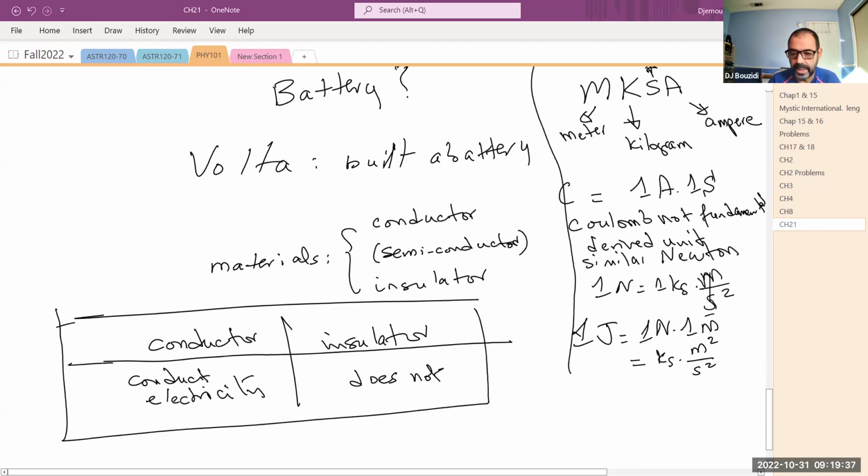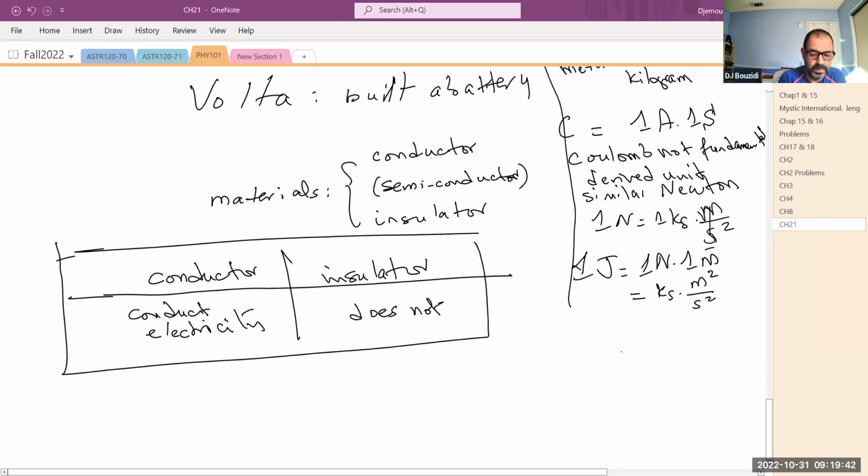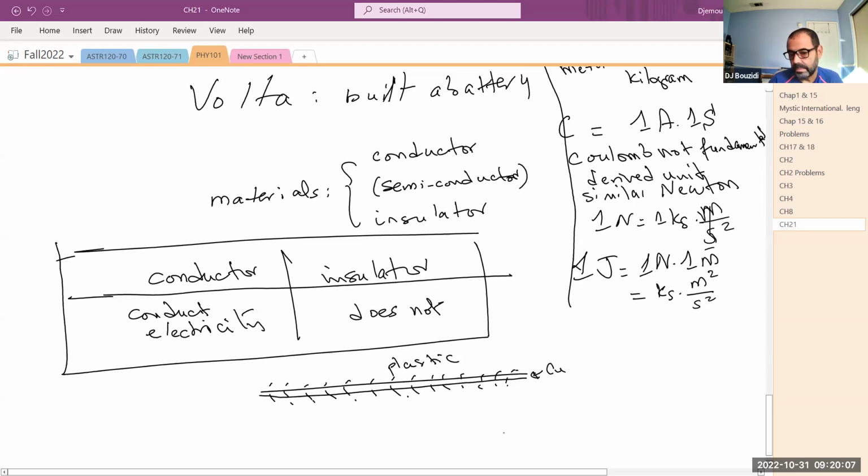For example, if you go and buy a copper wire from the store, from Home Depot or whatever your shopping place is, you notice that the outside of it is actually plastic. The plastic is an insulator. And the inside, the copper itself, is a conductor.